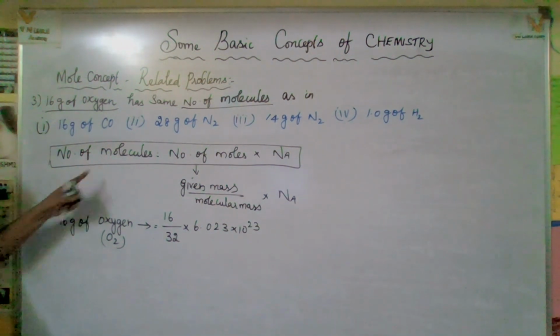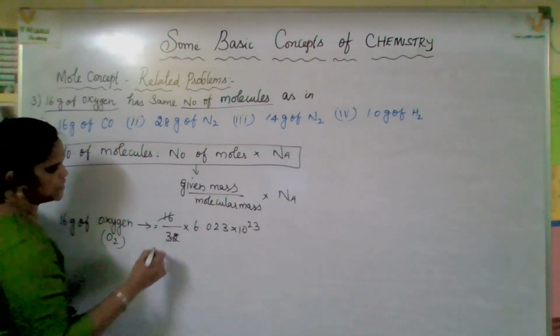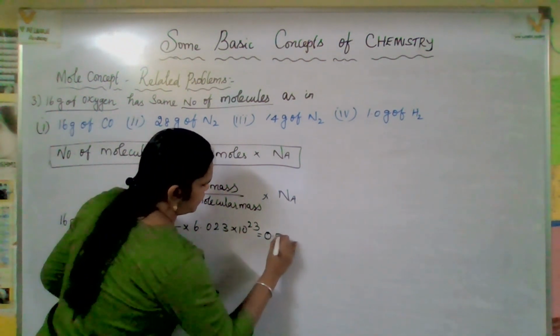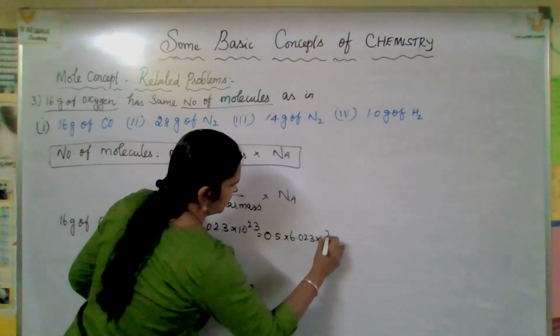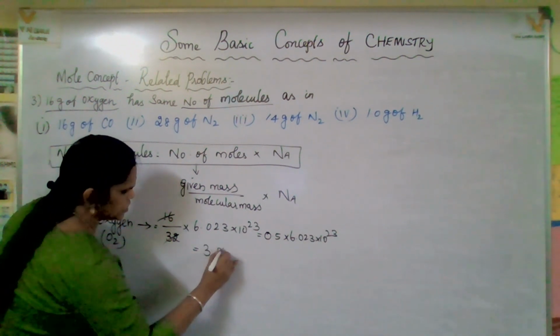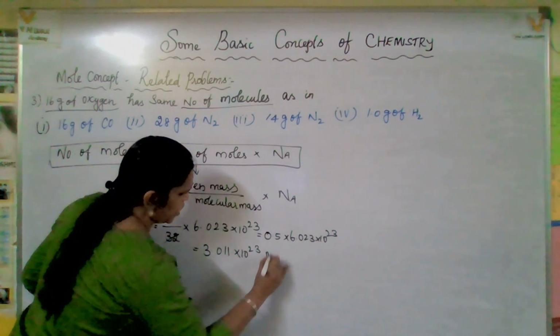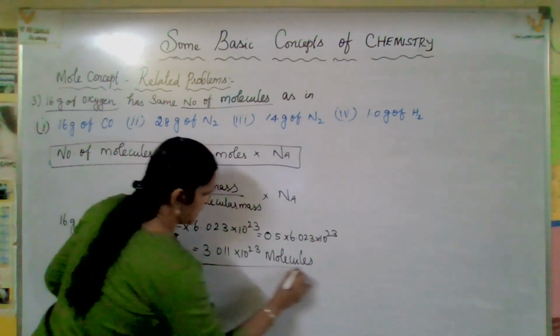These are molecules, not atoms. So as you go through this, you will get 0.5 into 6.023 into 10 to the power of 23. So you will get the answer 3.011 into 10 to the power of 23 molecules. Right? Now this is the answer.